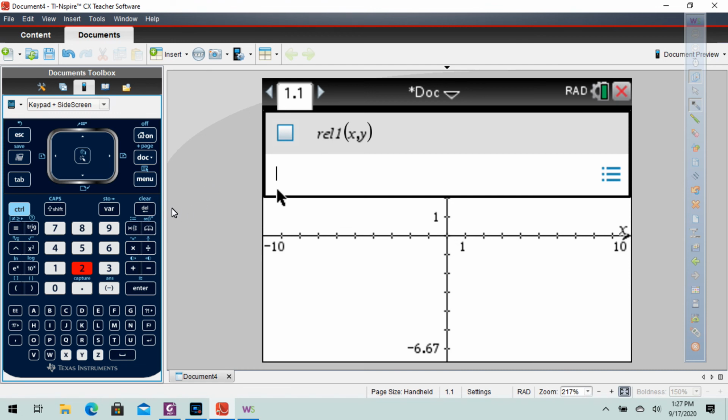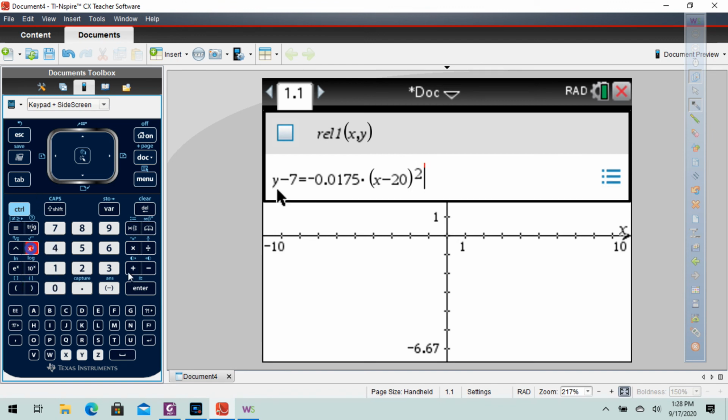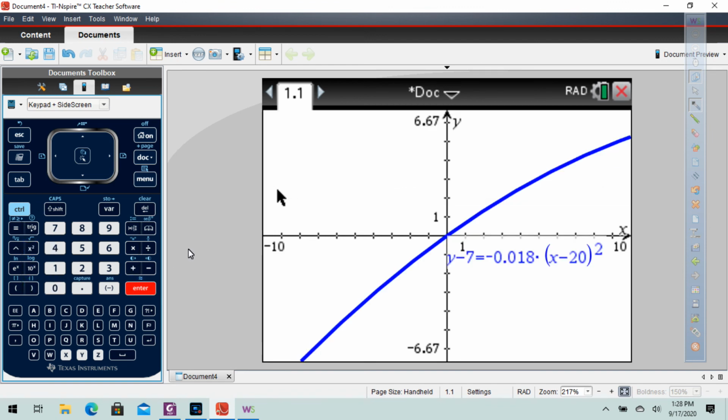So we got y minus 7 equals negative 0.0175 times x minus 20 squared, and graph it.